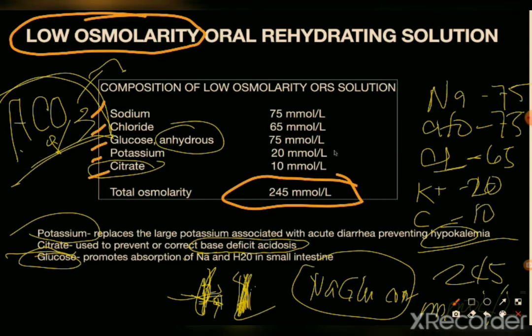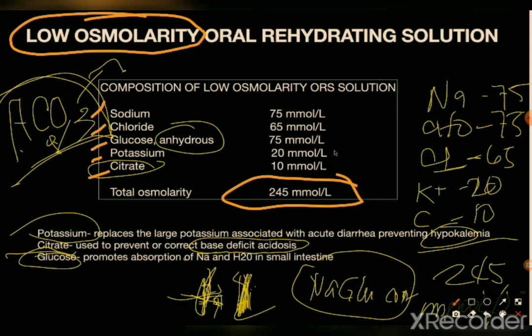So those are our main components for our low osmolarity ORS solution. It's 75 mmol per liter sodium, 65 mmol per liter chloride, then 75 mmol per liter glucose, which is anhydrous, and 20 mmol per liter potassium, then citrate of 10 mmol per liter. And the most important component of the ORS, remember, is glucose, anhydrous.